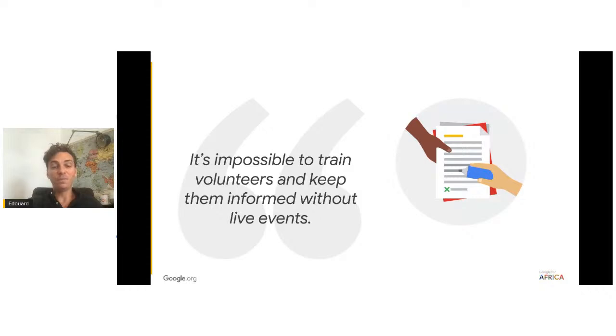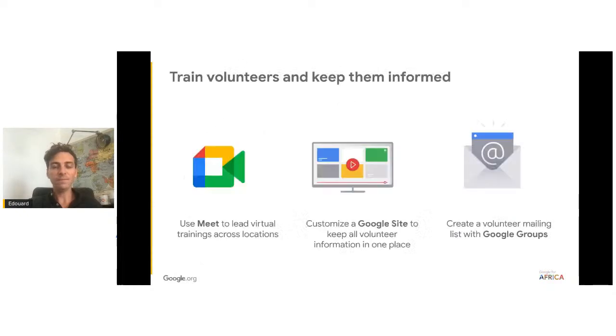It's also becoming hard to train volunteers and keep them informed without the live events that you used to do for them. Well, as we recognize that live events were also a way to thank them and to create a deeper relationship, there is still a potential to train volunteers and keep them informed through digital.